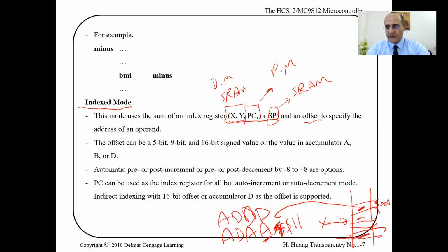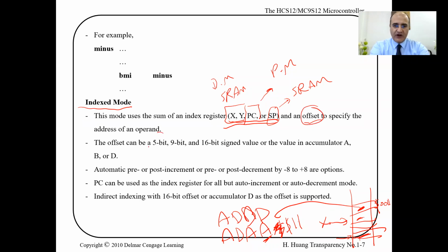So add this one. How do we do this? We'll look at some examples. But in general, we make an index register, one of these 4 registers, hold an address, and then we tell the instruction that our operand is at the memory location that is provided in one of these registers, plus an offset.